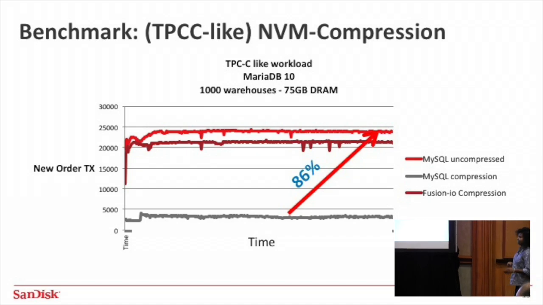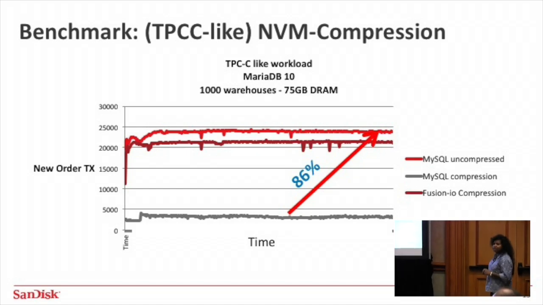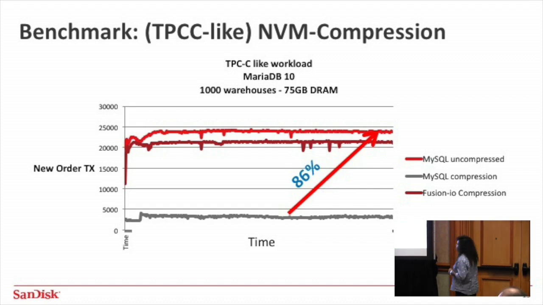Essentially, it's a TPCC-like workload, which means we're not allowed to say it's TPCC. Okay. So essentially, what this really shows is the gray one is traditional MySQL compression that tried to do all the data rearranging.